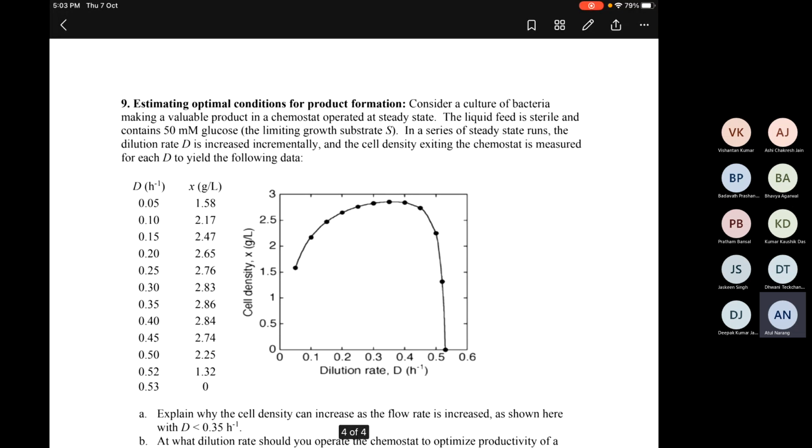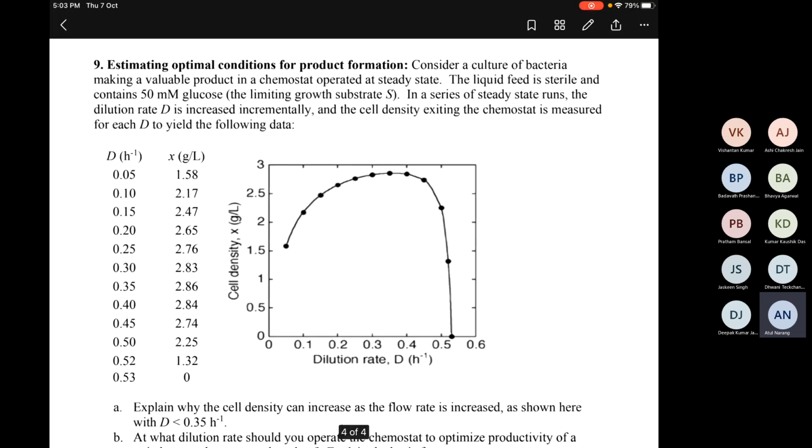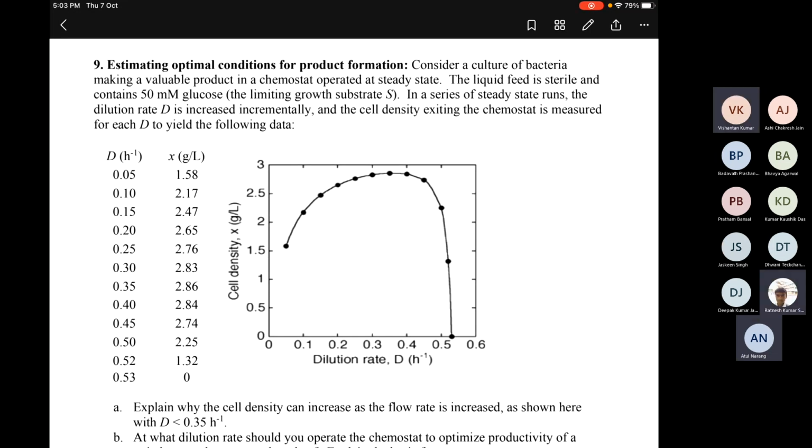So this is the ninth problem, right? Yes, sir. In this, part A.